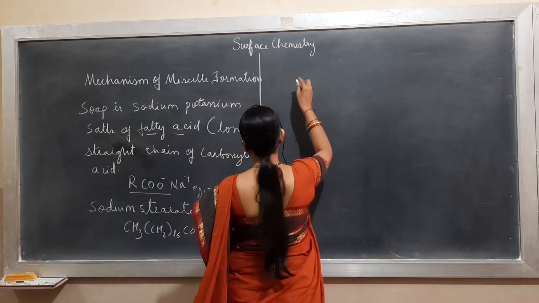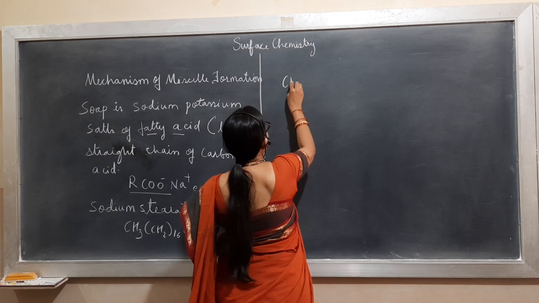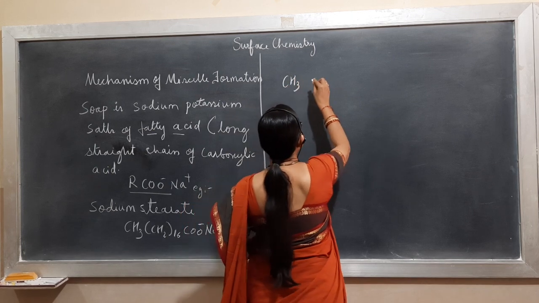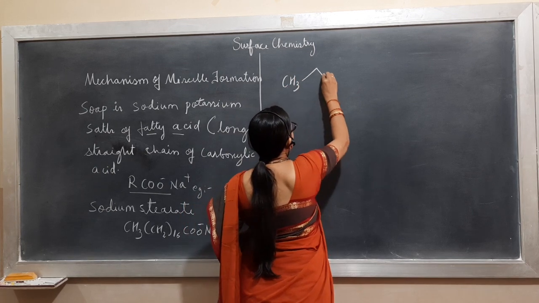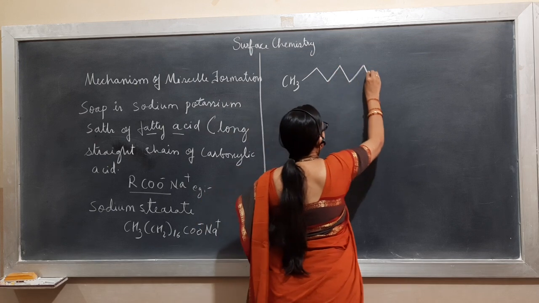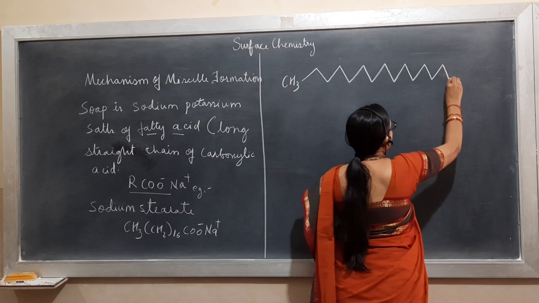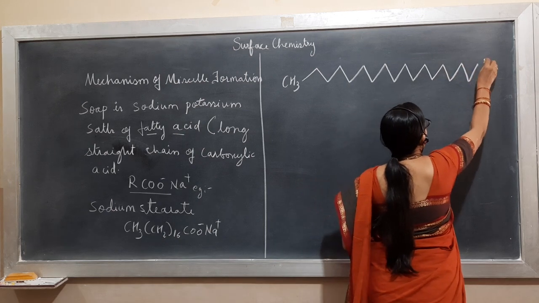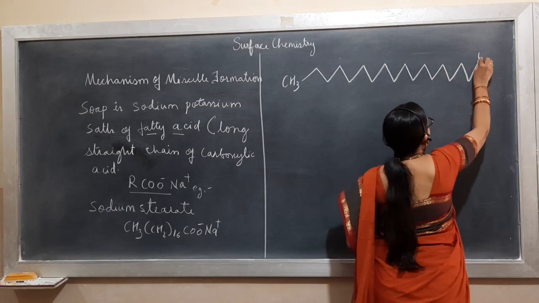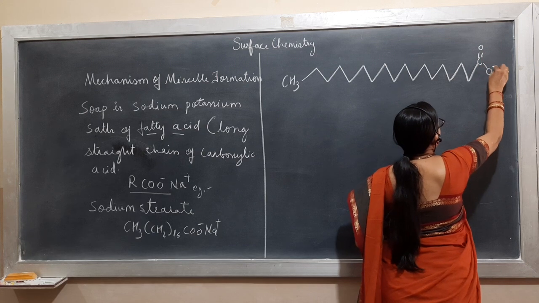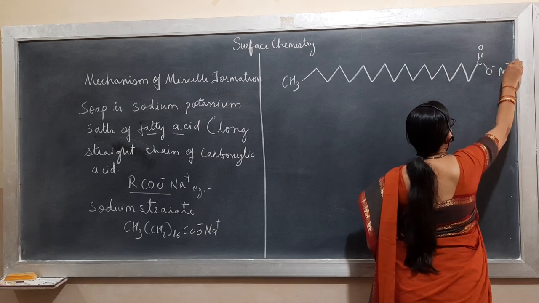See, let us draw the structure of this molecule. CH3, CH2 16 we have, and here we have C double bond O minus and Na plus.